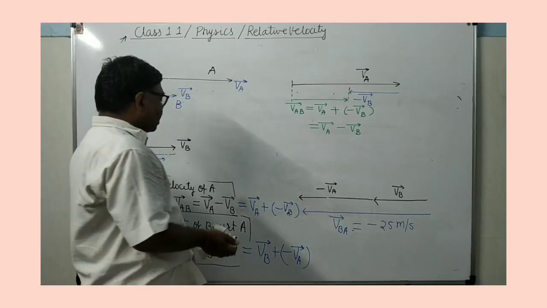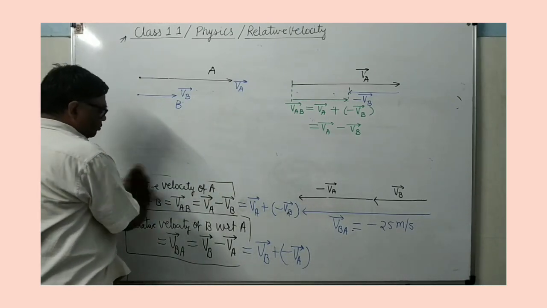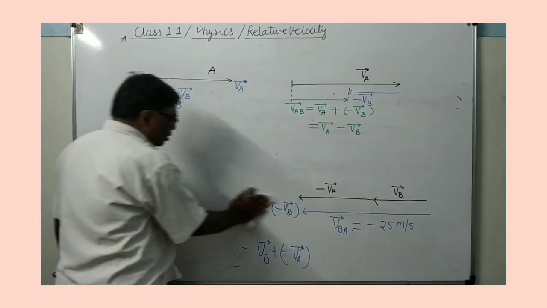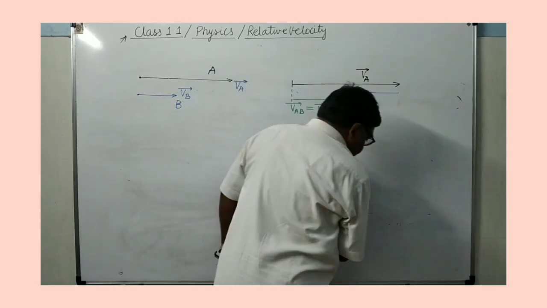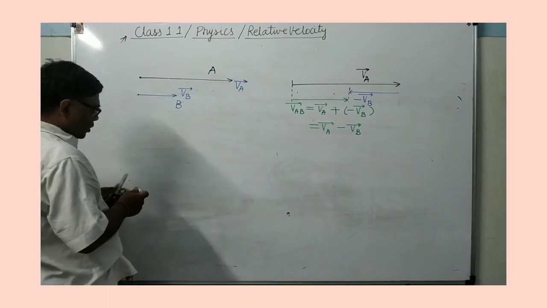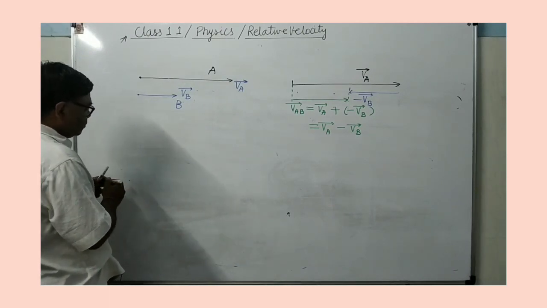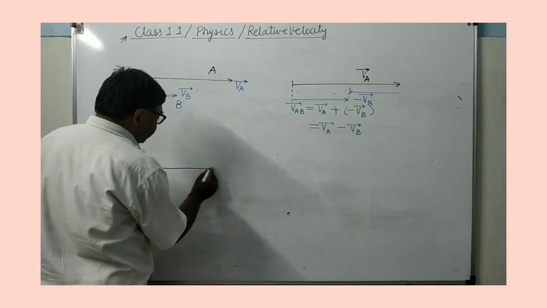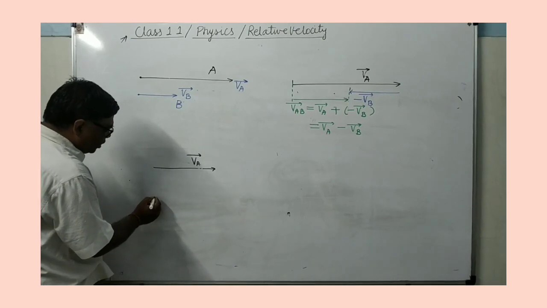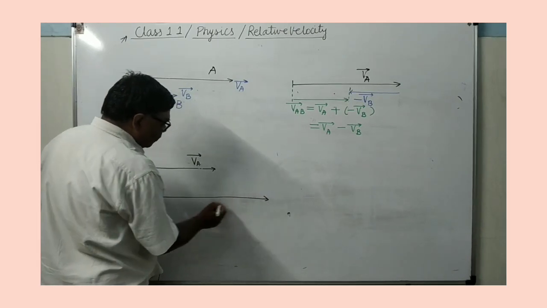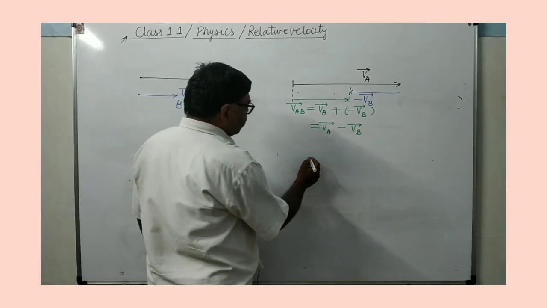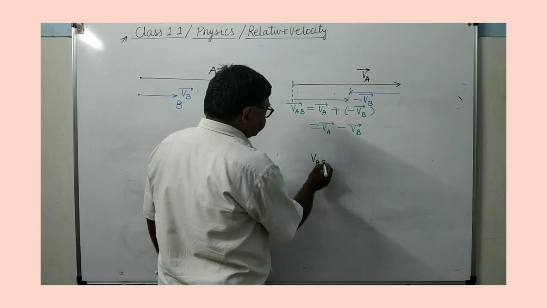Suppose if it is not so, you can see here, suppose velocity vector of A is only of this length and velocity vector of B is of this length, and you have to find relative velocity of A with respect to B.